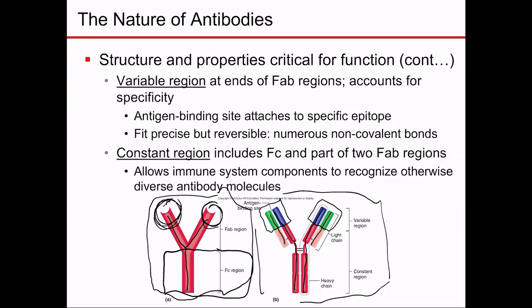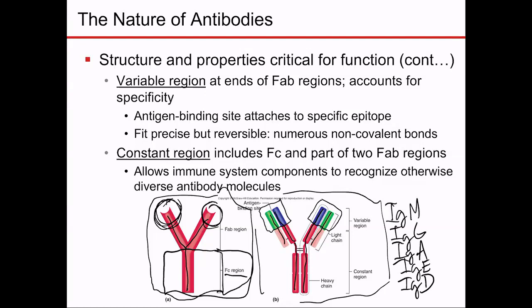There are different types of antibodies. The heavy chains define the 5 different types of Fc region that we know. We have IgM, we have IgG, IgA, IgE, and finally IgD.